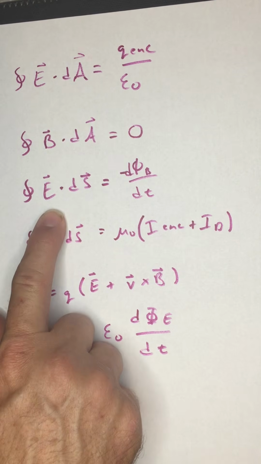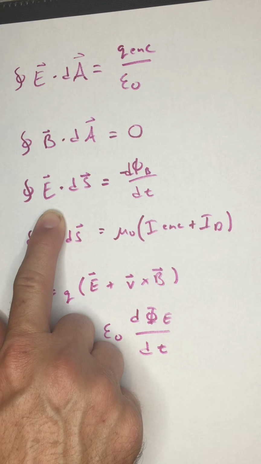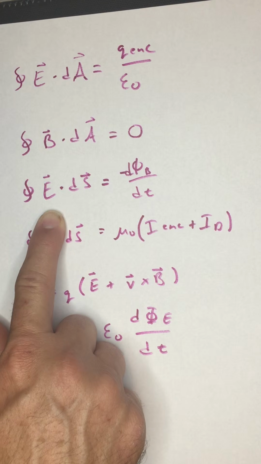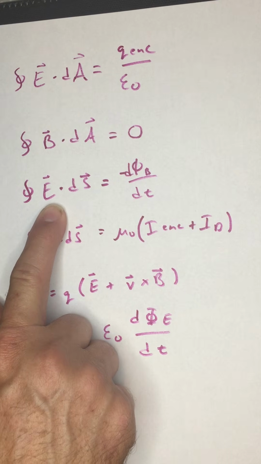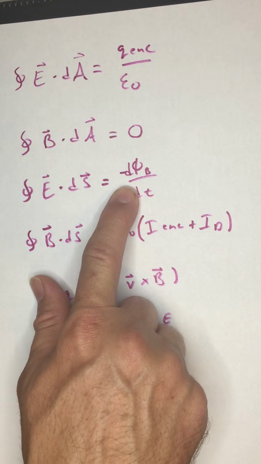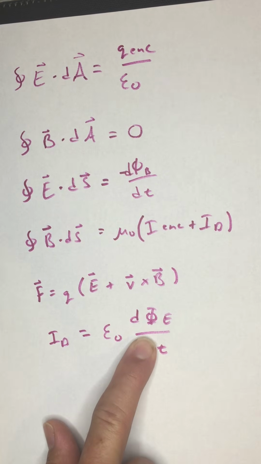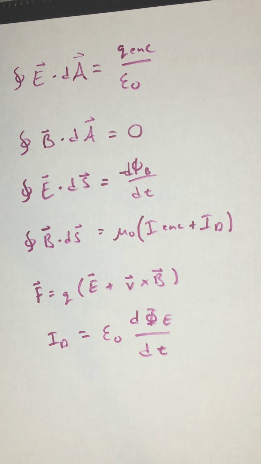We looked at this in terms of getting an EMF, but EMFs and fields don't separate themselves. All fields are associated with a potential, and all potentials give rise to a field. So I can't just say that, well, this is an EMF, not an electric field. A changing magnetic flux gets me an electric field. A changing electric flux gets me a magnetic field. I don't get one without the other.